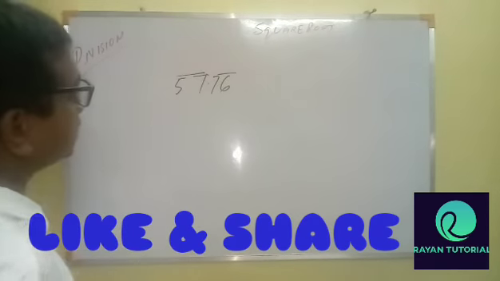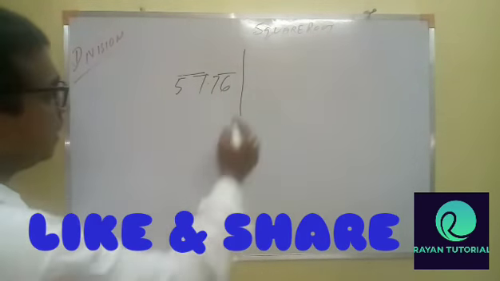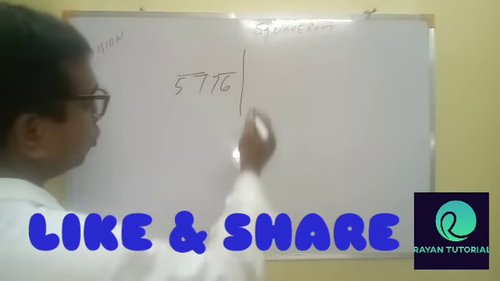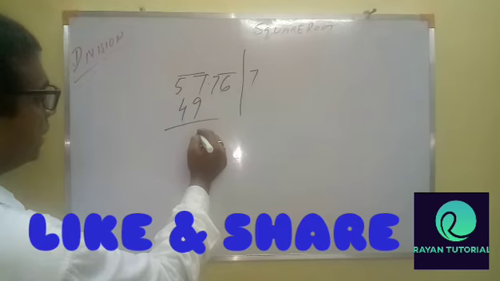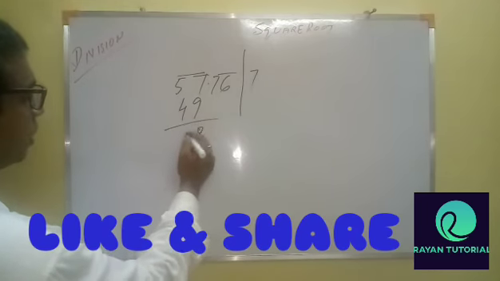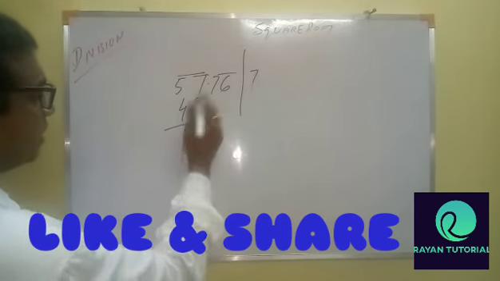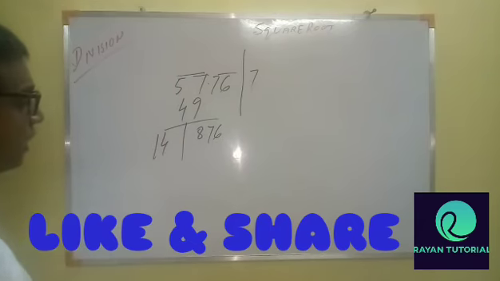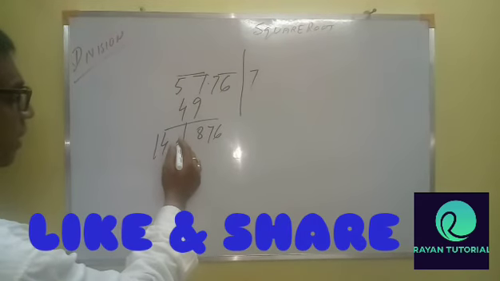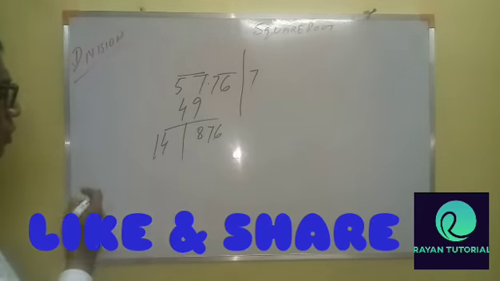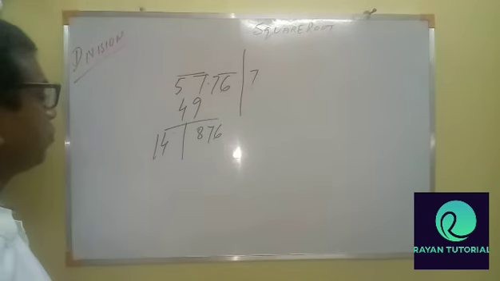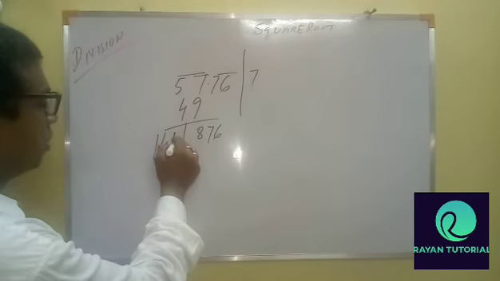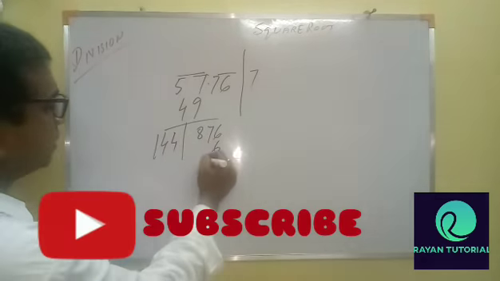So this side. Now 57. 8 8s are 64. 7 7s are 49. Then here 9 and 8, 17, 1. Then 7, 6. 7 2s are 14. So here what should I put? 4. 4 4s are 16, 1. 4 4s are 16, 1.